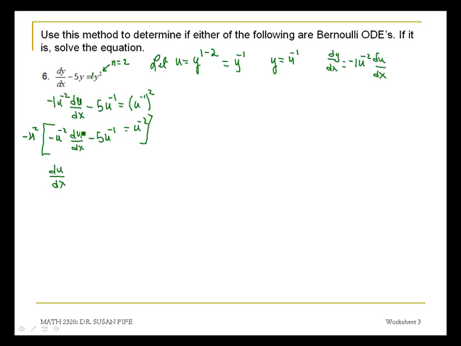It's going to change this minus 5 to a plus 5. And u squared times u to the negative first gives you u. On the right side of the equation, negative u squared times u to the negative second gives you a negative 1. This is in linear form.